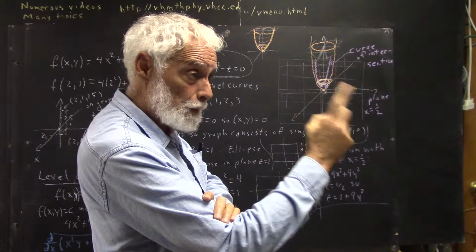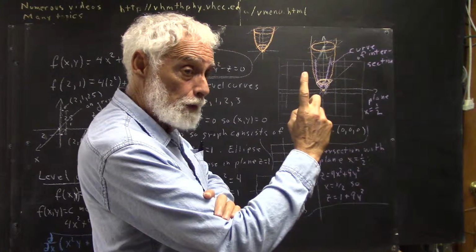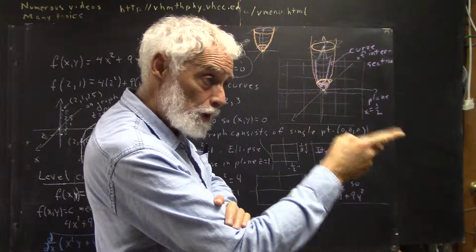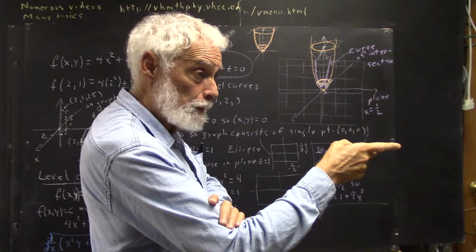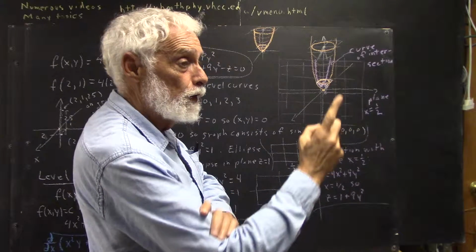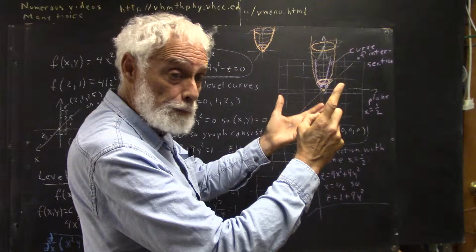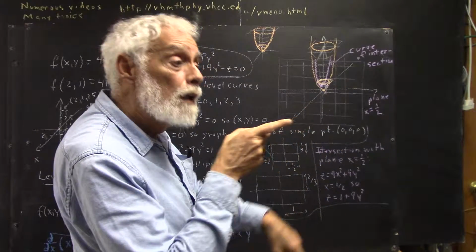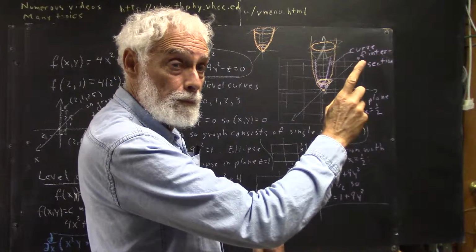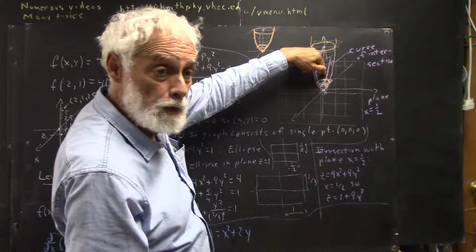It's going to be some multiple of j plus some multiple of k. And that multiple of k will be much bigger than the multiple of j because this thing's very steep. If we find that the slope of this thing is, let's say, 20, then the vector 1j plus 20k is going to be tangent to this curve.